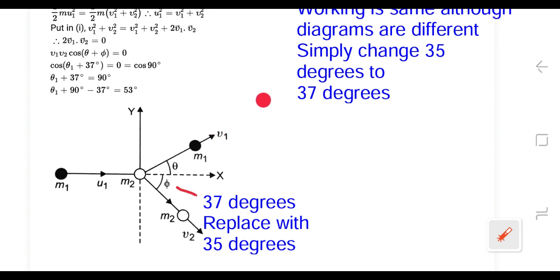Instead of v1, this is v2. It's sinking this side at an angle of 35 degrees, but the working is still the same. What you just have to know is that this is now what you are given. In the working part, where there is 37, you just put 35, but in the diagram, this is the angle which they are referring to.